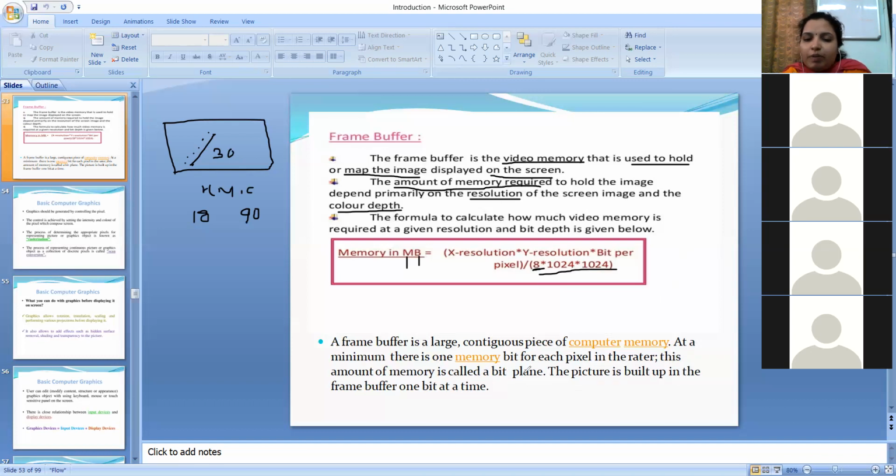Every bit plane is going to store a bitwise structure. So consider this is a bit plane, and I am going to store the picture in terms of number of bits, one bit at a time. In that way, I am going to store the information about the picture in the frame buffer. So information of every pixel is stored in one bit.